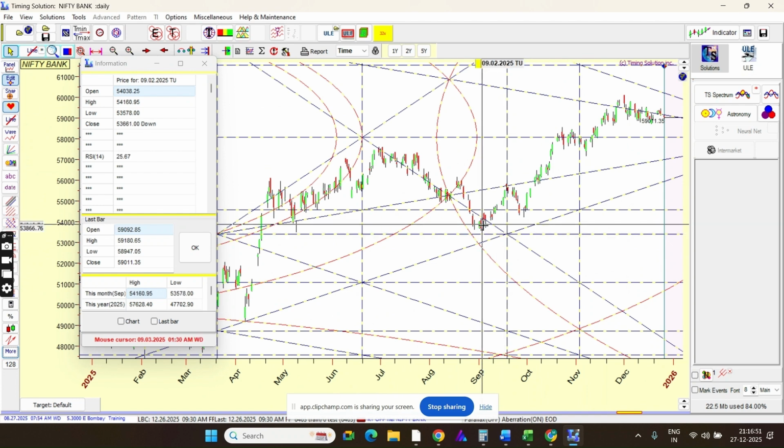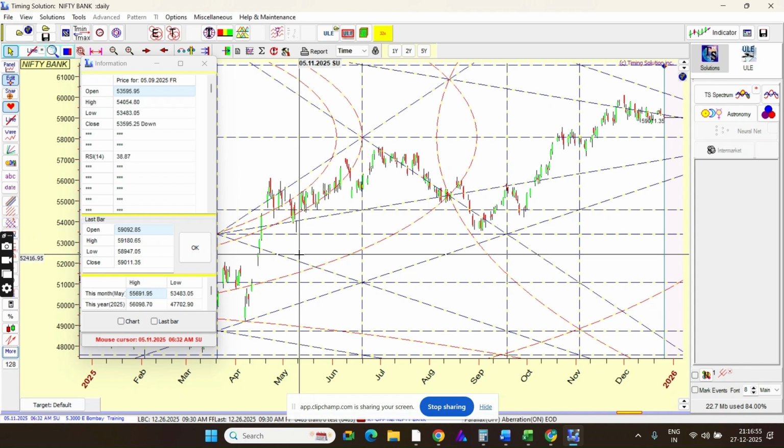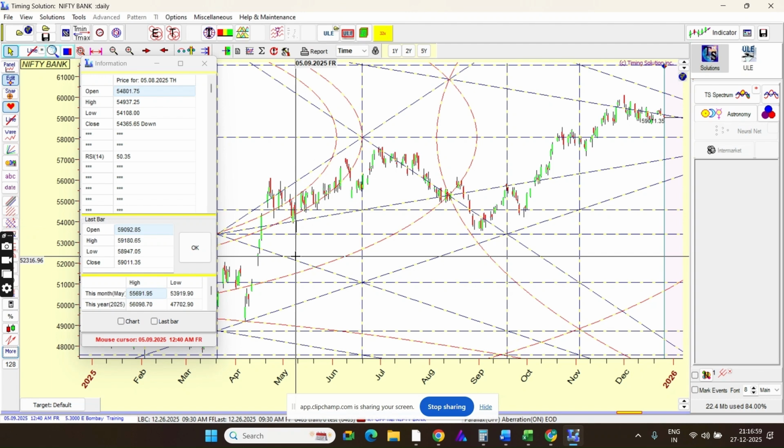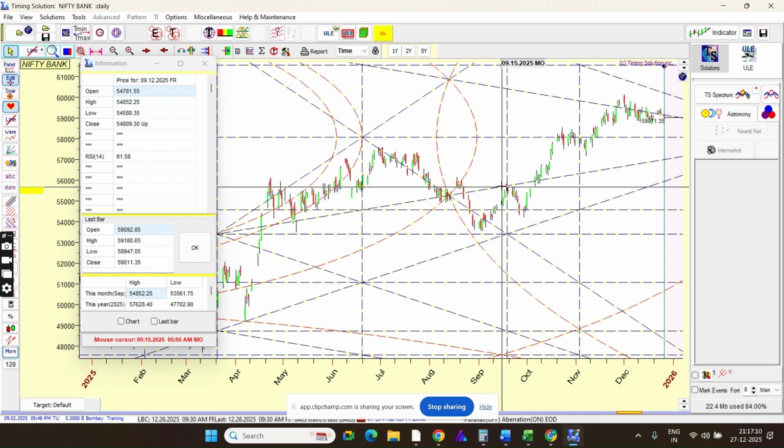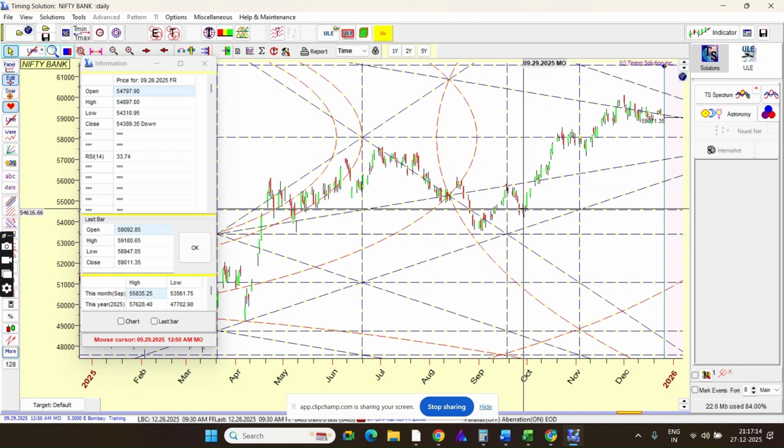This cluster support was taken around this twice, once on 9th May and another around September.